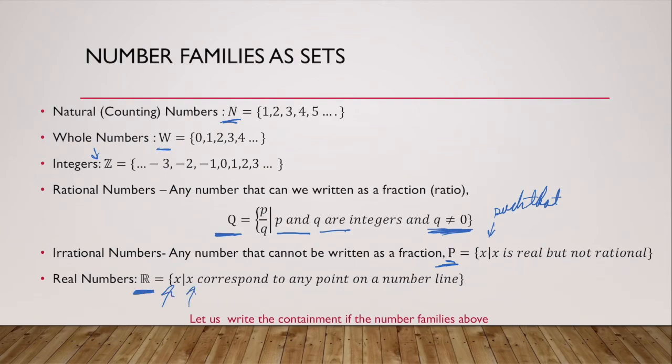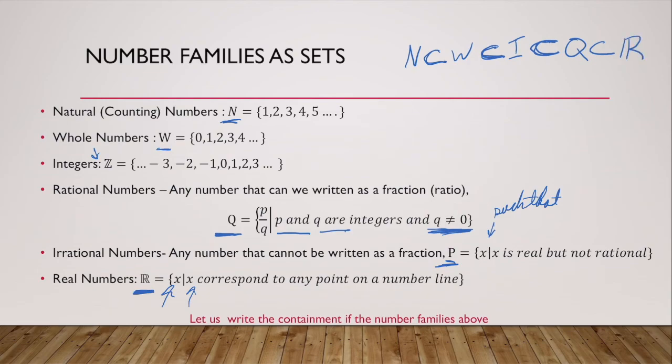So why don't we go ahead and write the containment of the families above. I've got the natural numbers. Those are contained in the whole numbers, which are contained in the integers, which are contained in the rational numbers. This means containment, this long C. And those are all contained in the real numbers.